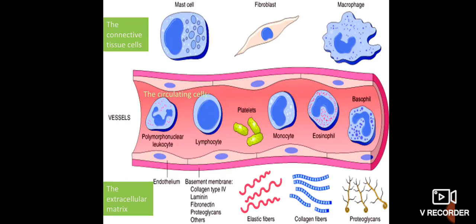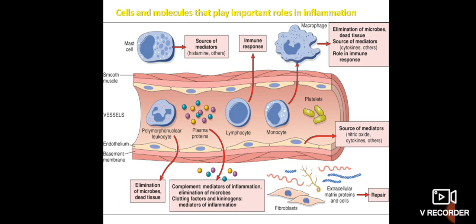You can see that these are the total cells which are involved in the inflammation process. Now you can see that this type of process can take place within the body.